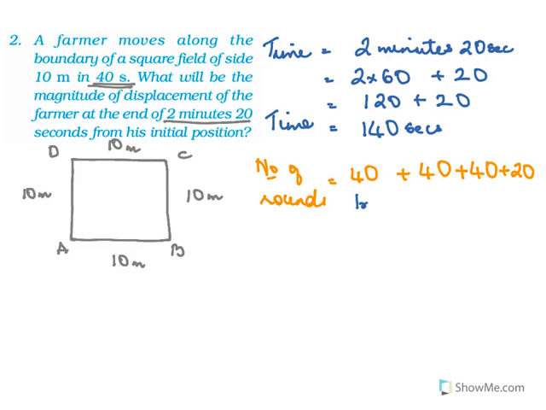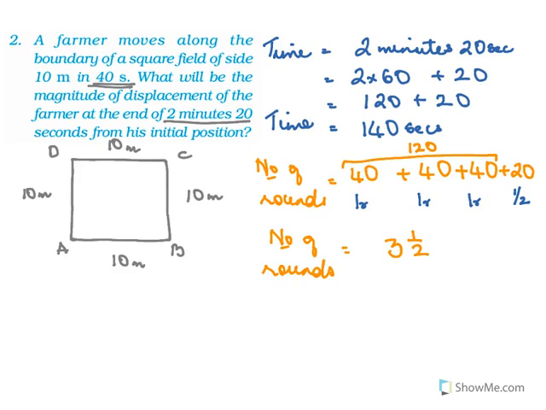So here will be one round, then we get one more round, that's 120, and now this would be another half a round. So the number of rounds he travels will be 3.5 rounds.